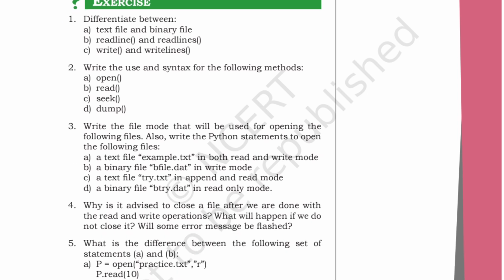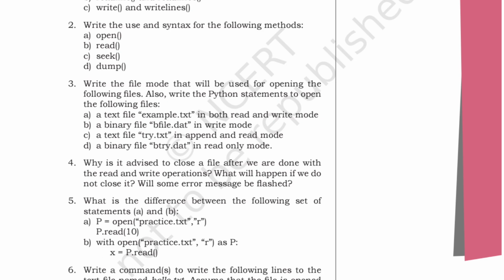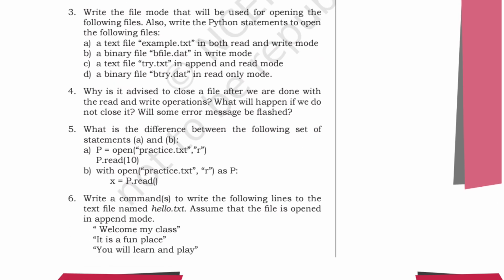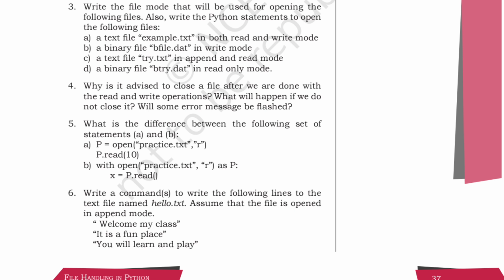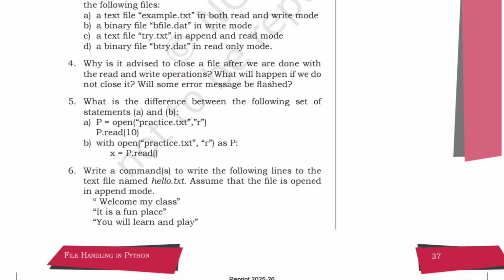Then this you have to learn. Then again you have to explain this difference, what is read, what is open. Okay, you have to explain the difference between the sets of statements.